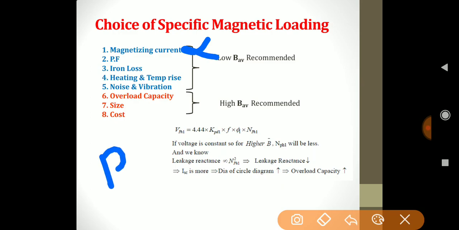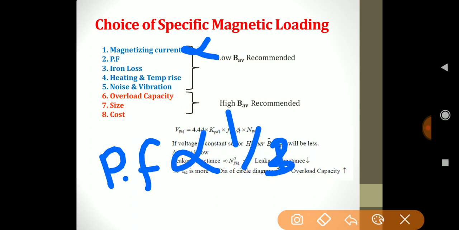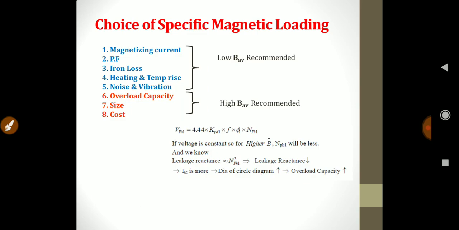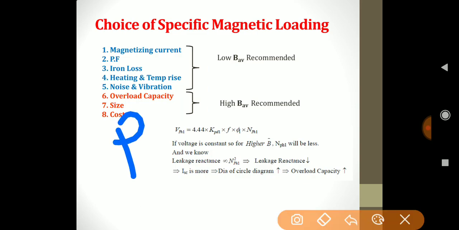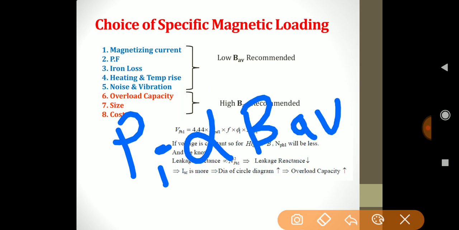If I want the power factor to be high, I want a low value of BAV. So there is inverse proportion between BAV and power factor. Next is iron loss. Iron losses should always be less. So if I want my iron loss, Pi, to be less, I want a low value of BAV. It means there is direct proportion between Pi and BAV.